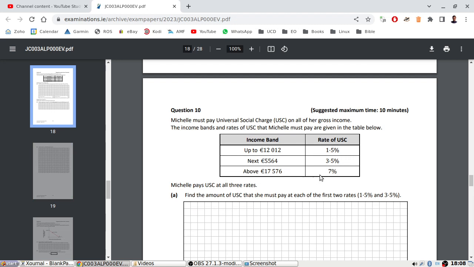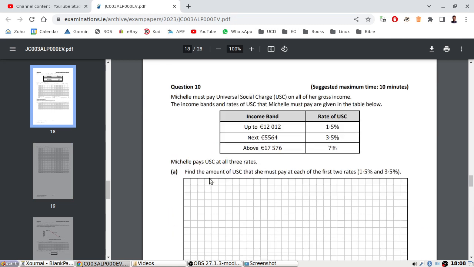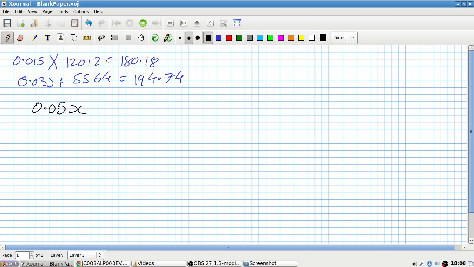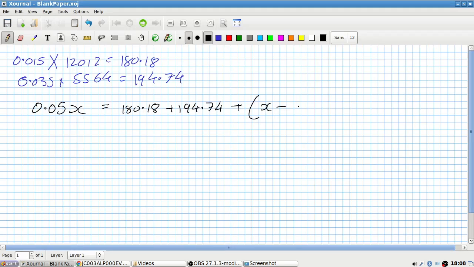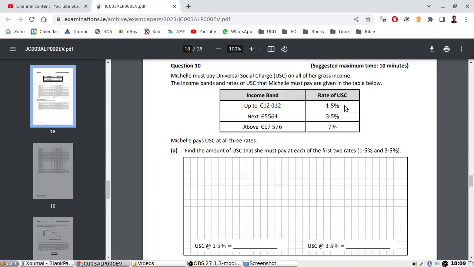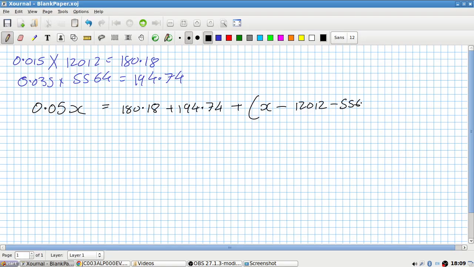So there's some amount she has to pay at 7%. So this 5% of X has to equal 180.18 plus 194.74 plus her income minus 12,012 minus 5564, times 7%.